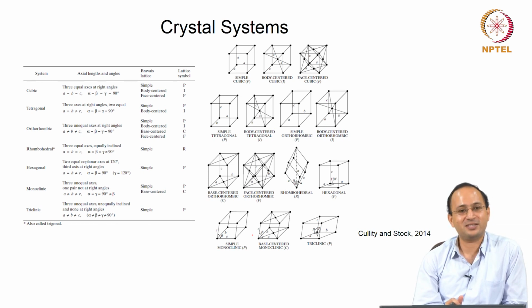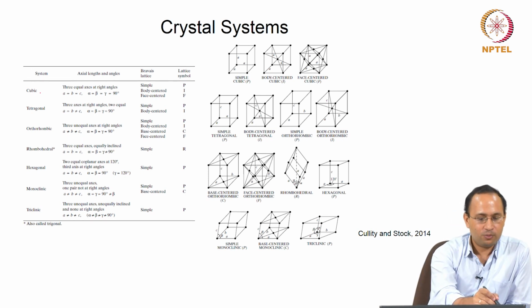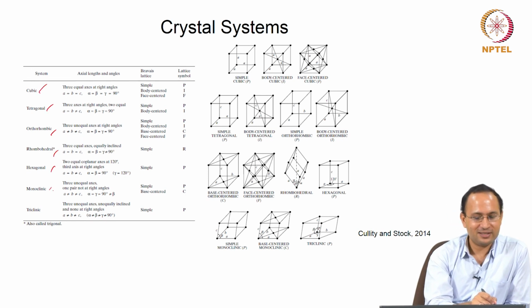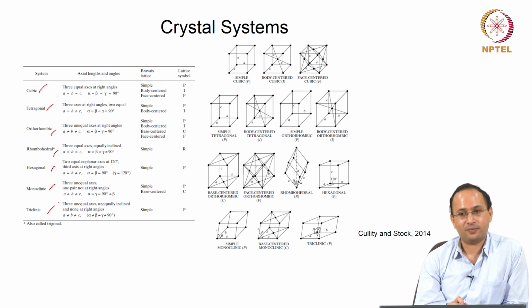How many crystal systems are there? We are talking about crystals. So 7 crystal systems exist: cubic, tetragonal, orthorhombic, rhombohedral, hexagonal, monoclinic, triclinic. Again we will come back to these things.